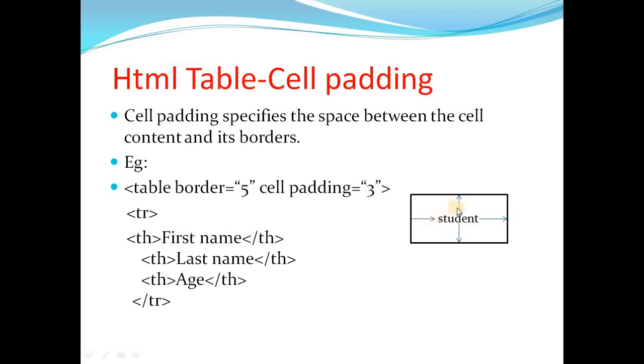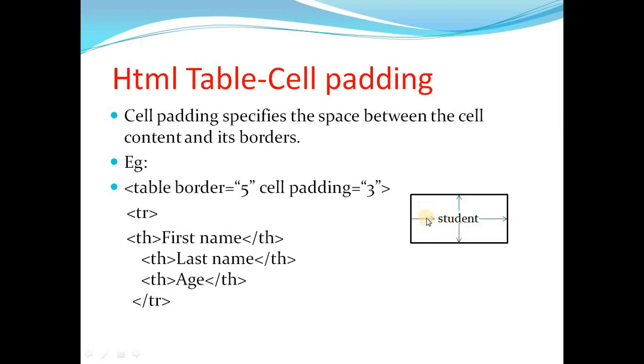You can also decide the cell padding by giving a value, here I have given the value 3. After writing the HTML head tag, title tag and body tag, I will use a table tag to write the table, right? Here I have given the table and the attribute for border, border 5, the thickness of the border should be 5 and the cell padding should be 3.